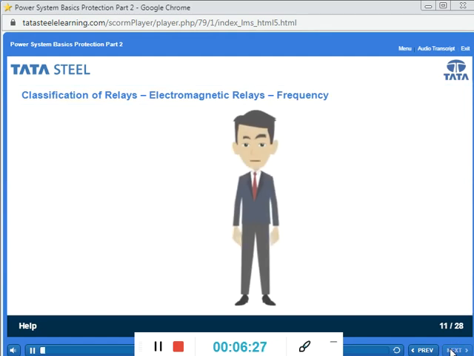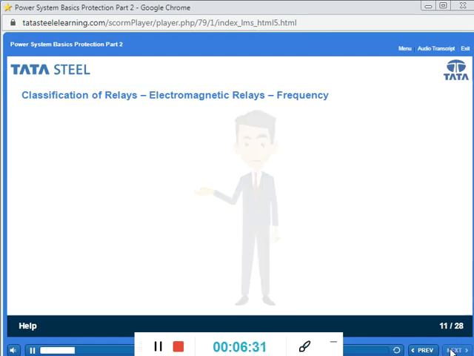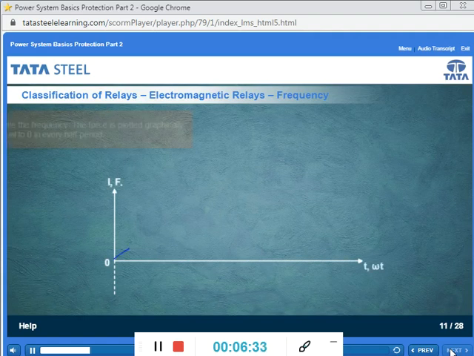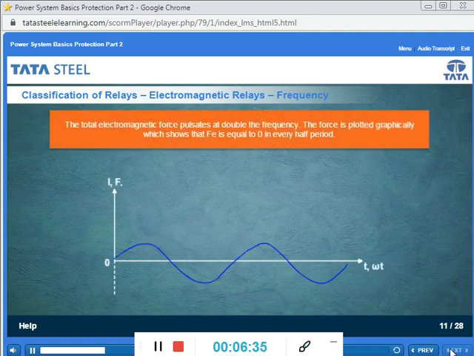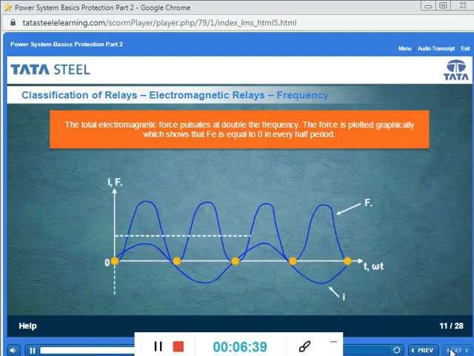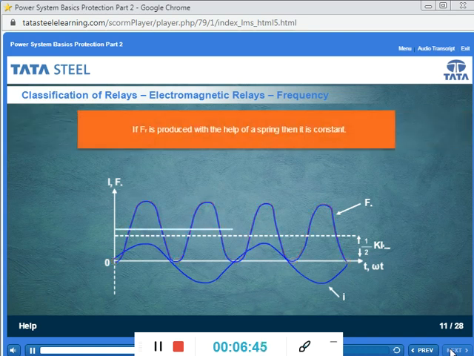Let us now look at how frequency works in an electromagnetic relay. Take a look at this graph. The total electromagnetic force pulsates at double the frequency. The force is plotted graphically, which shows the Fe is equal to 0 in every half period. If Fr is produced with the help of a spring, then it is constant.